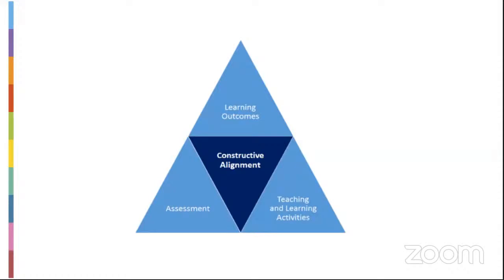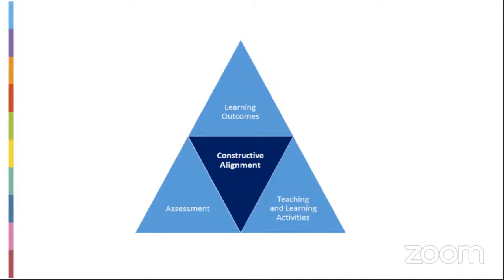Your teaching and learning activities need to speak directly to your learning outcomes. So you design your teaching activities and your learning activities based on what you want to achieve in this lesson. And then you design your assessment based on what you want to assess.